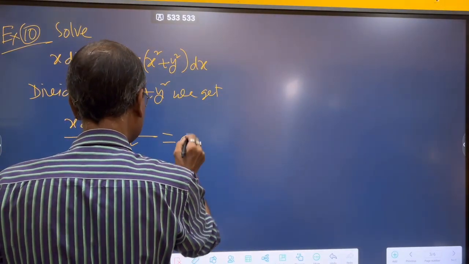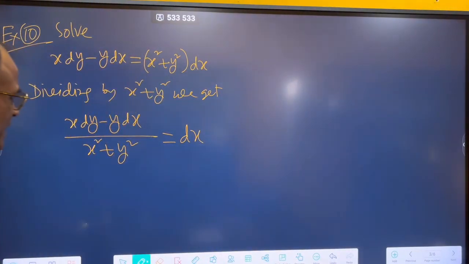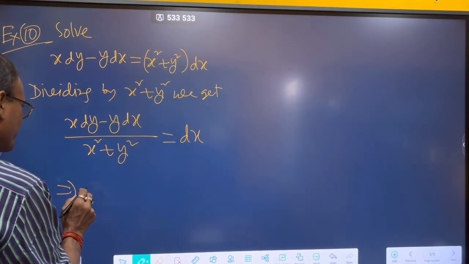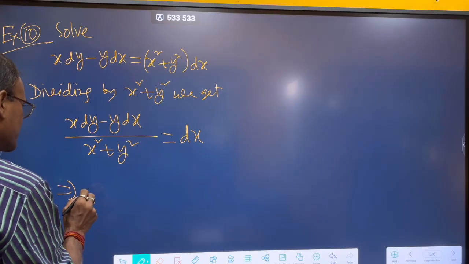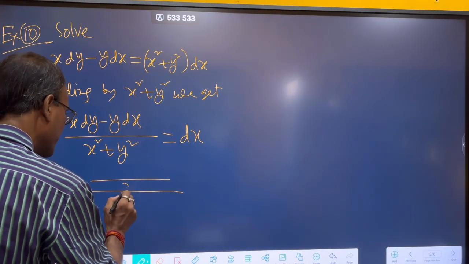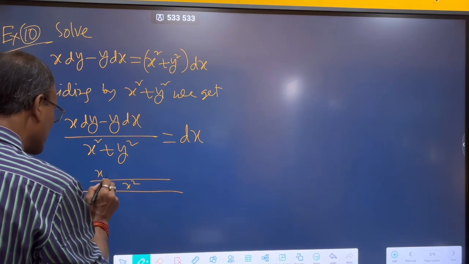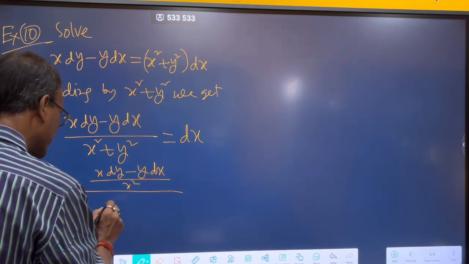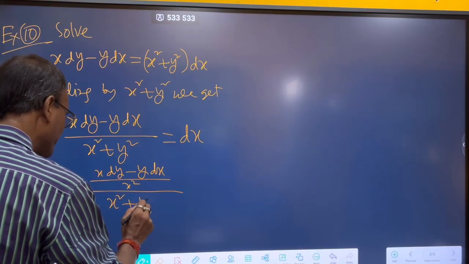dx. You may write like this. Now it is x. Therefore, divide numerator and denominator by x square.